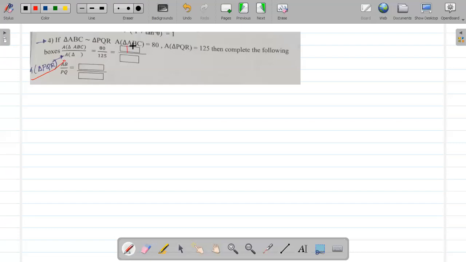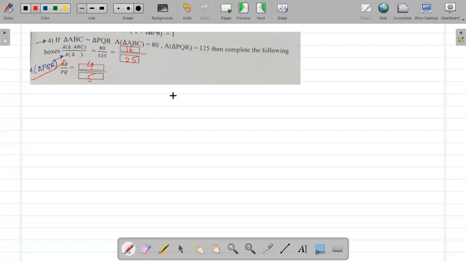So 5 times 16 is 80 and 5 times 25 is 125. And we know that if two triangles are similar, then the ratio of the areas is equal to the square of the ratio of their sides. So of course the sides will be the square root of these two. So square root of 16, that is 4, and square root of 25, that is 5, will be the respective sides.